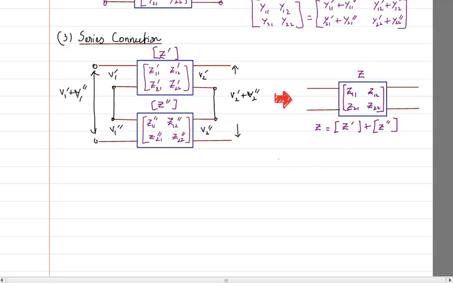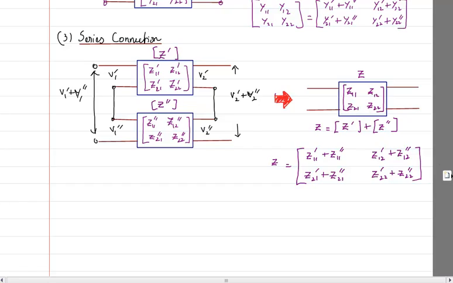So it means that our z will be simply z11 dash plus z11 double dash, z12 dash plus z12 double dash, similarly z21 dash plus z21 double dash, and finally z22 dash plus z22 double dash.